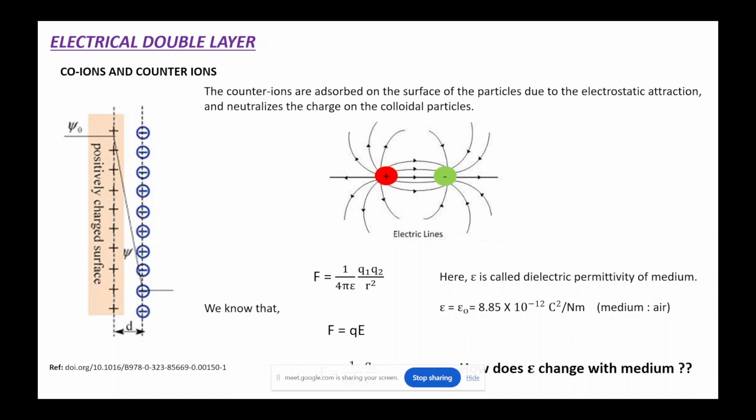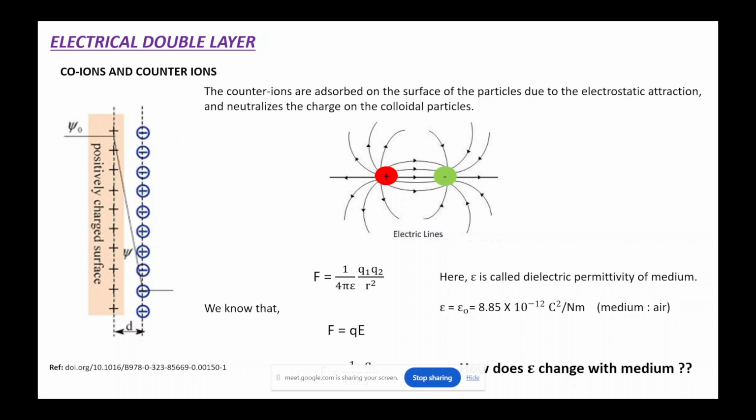You have a particle or surface which is charged, and based on that charge the counter ions present in the solution get adsorbed. It's very simple, but this simple concept of the electrical double layer is used in many applications.